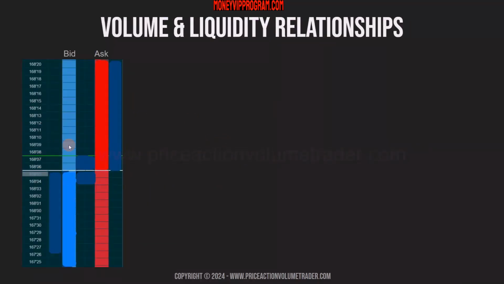Okay, so right here we have a DOM, a depth of market. I just have it blanked out, and we're just going to use it to quickly go through some examples of the concept of volume and liquidity. Again, I just took a screenshot. This is from the bond market, but this can be any market you want. So this is the price scale.